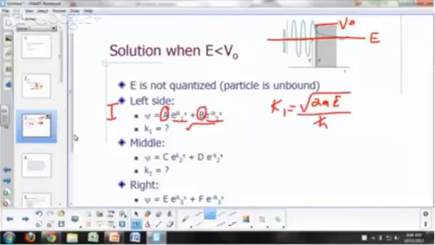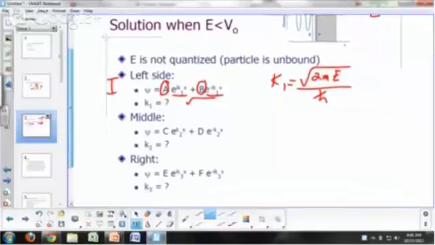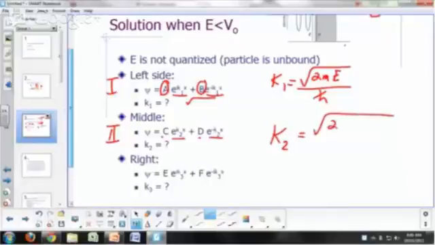And we said that in the middle of the box, region 2, psi would be equal to some constant C times e to the k2x plus another constant D times e to the negative k2x. And we said that k2 in this case is the square root of 2 times the mass times V naught minus E, over h bar.